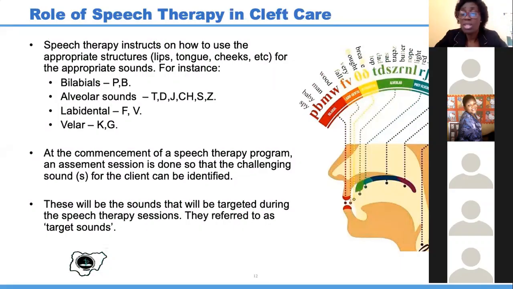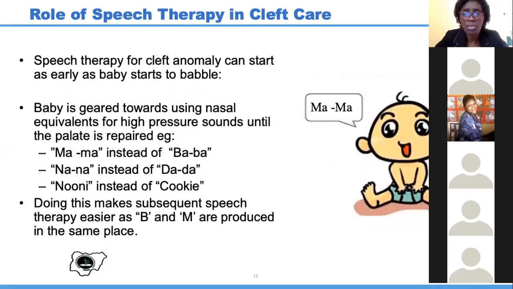And some, they may not be able to make any of the high pressure sounds. And some, it's just maybe a few. So an assessment session needs to be done whereby the target sound that a client cannot make will be identified before the commencement of speech therapy.